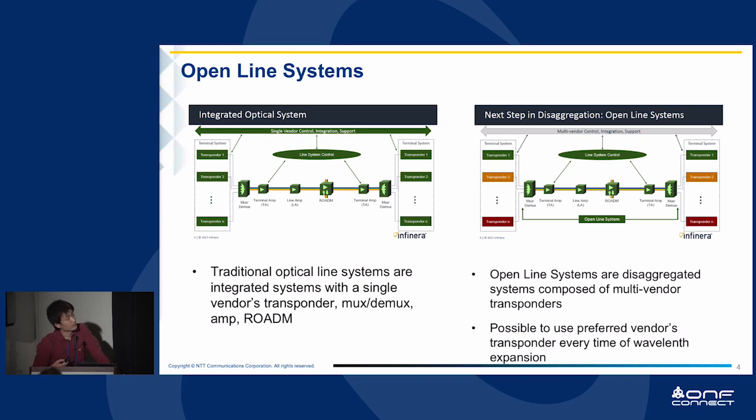On the other hand, we can select the preferred vendor's transponder for each lambda of the same WDM system. So the open line system gives us both flexibility and easy integration. So now we're heading in this direction in ODTN phase 1.5.